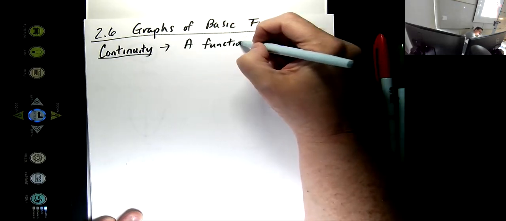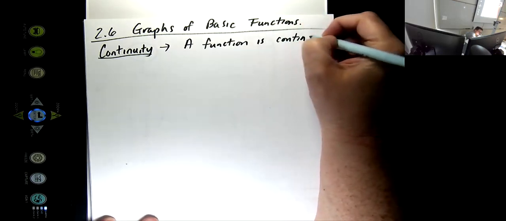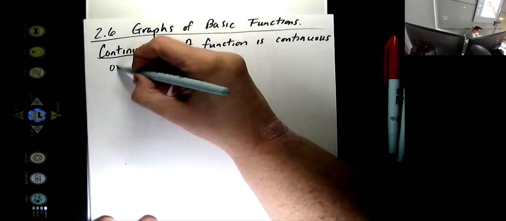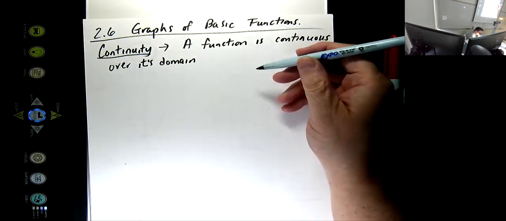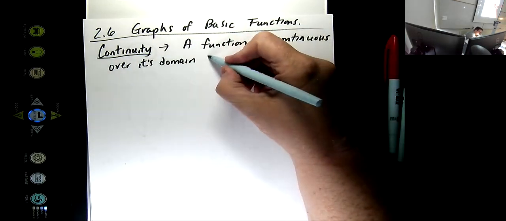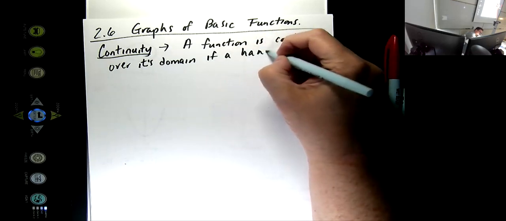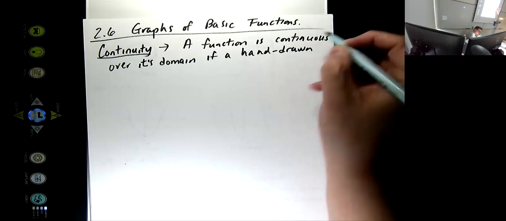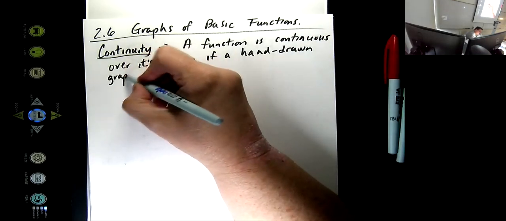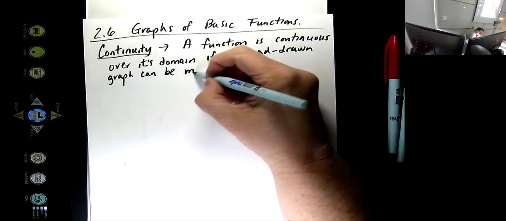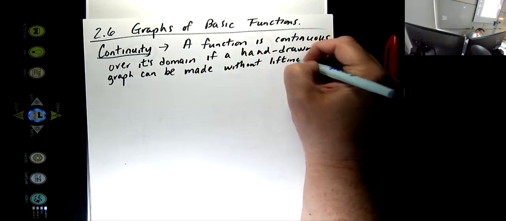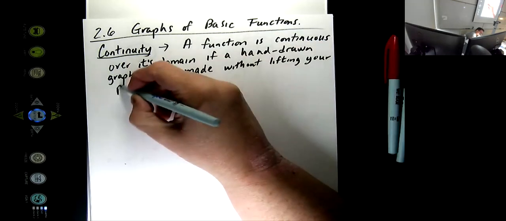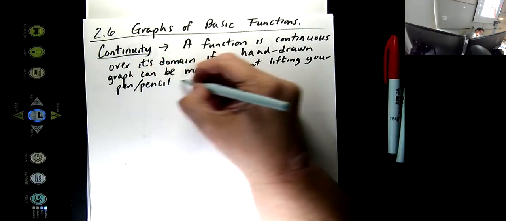A function is continuous over its domain if a hand-drawn graph can be made without lifting the pen or pencil off of the paper.